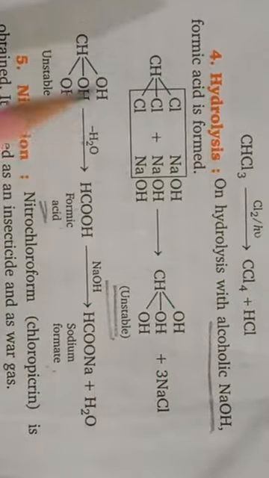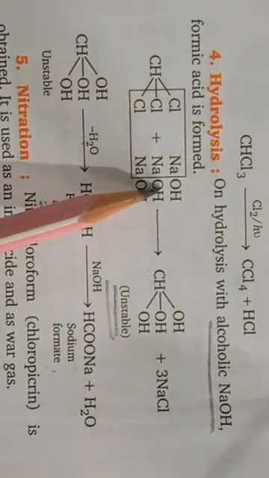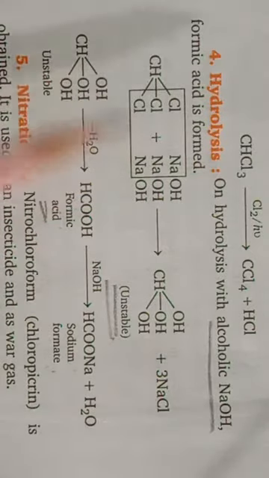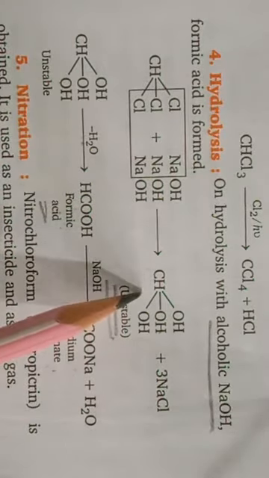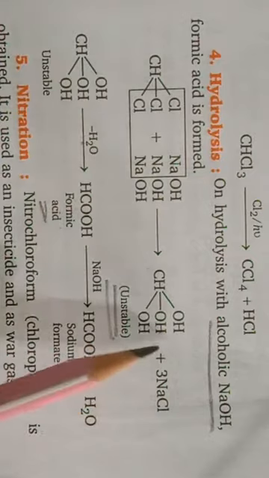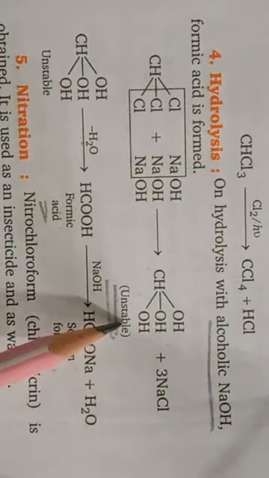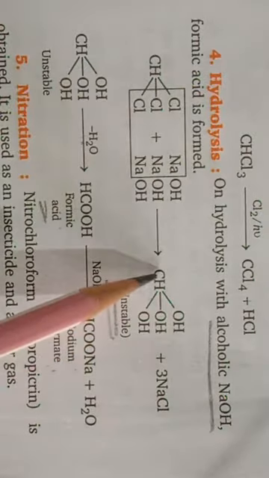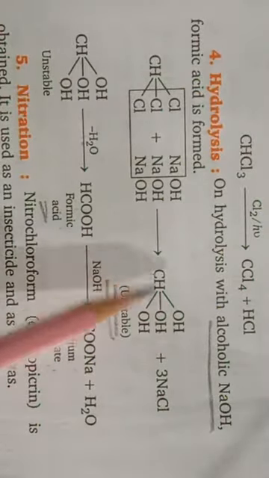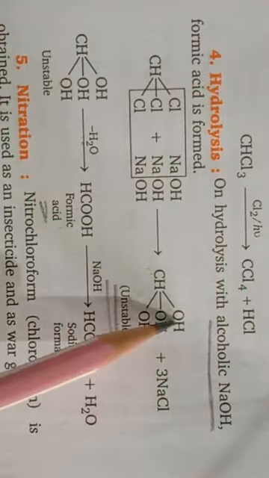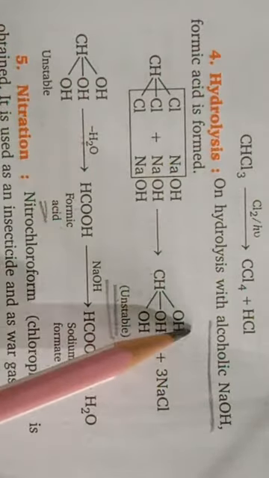Okay children, so with sodium hydroxide, on hydrolysis, chloroform is first converted to trihydroxymethane, which is an unstable compound, because you know that at one carbon, two hydroxyl groups cannot exist together.